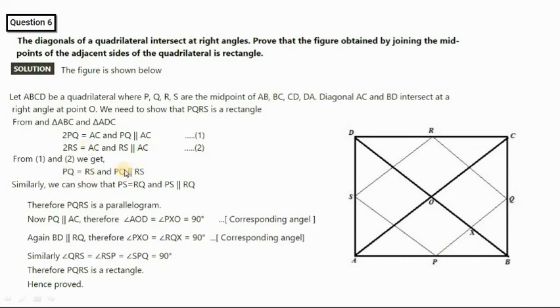And not only that, if AC is double of this and this, then these two lines must be equal. That is PQ equals RS.